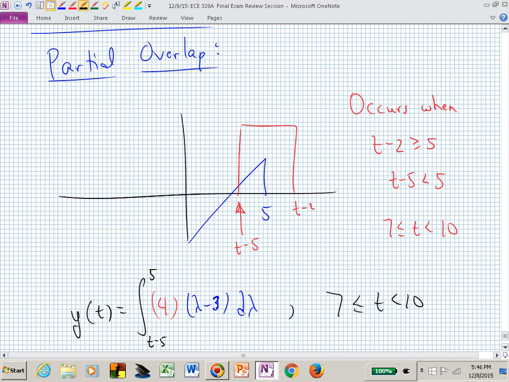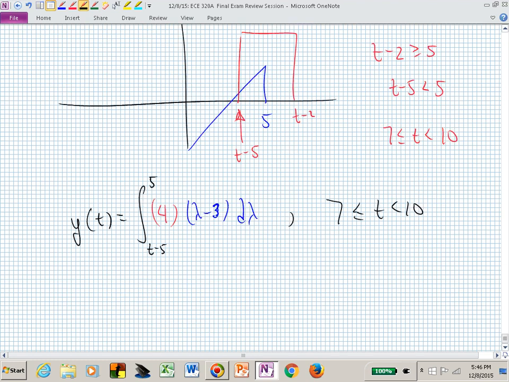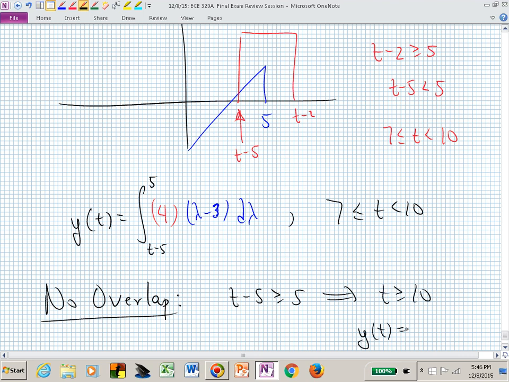And then when do we have no overlap? When t minus 5 gets beyond 5, or when t is bigger than 10, we have y of t equals 0, and that better be consistent with what we derived at the start. So you could verify your work, or that first piece could be a way to check your work.